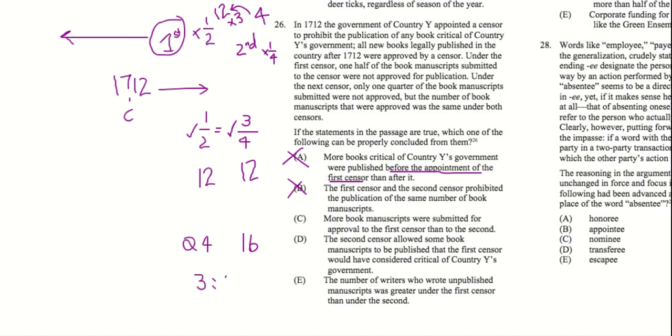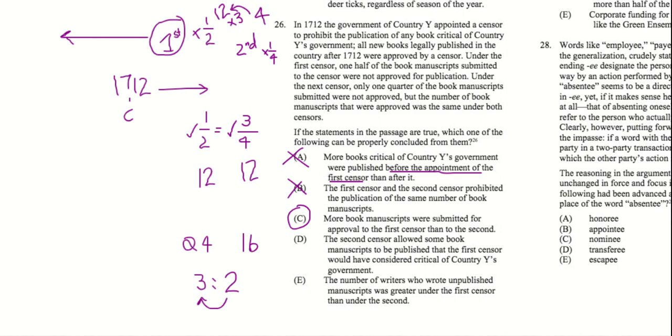The ratio of books would be 3-2. So more manuscripts would be submitted for approval to the first censor than the second, because the ratio would be 3-2. So there's basically 33% more books being submitted that first year, right? Or to that first censor, sorry. So C would probably be our answer here, but let's check out D and E.